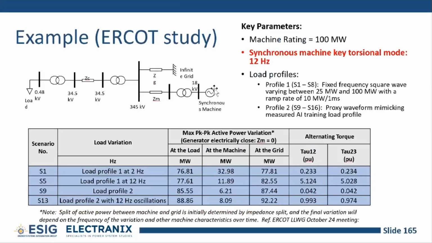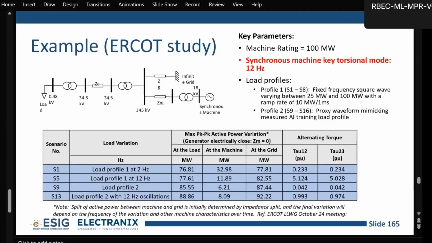Imagine on the top left here, we have a test system, and this is intended to be kind of for science, right? We're using generic data, and we're trying to come up with a system that reflects most situations in the grid.